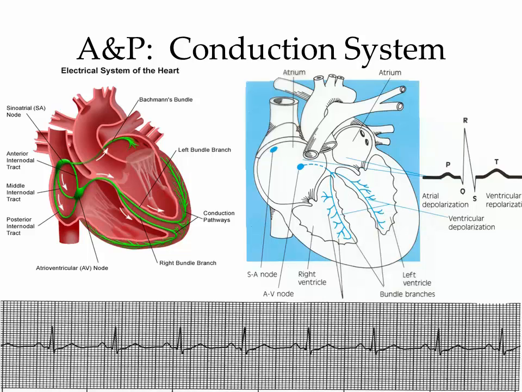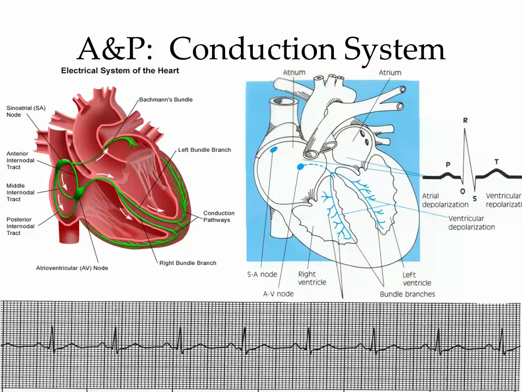Or I guess the bundle branches would be more like it. But you think about the conduction that's occurring. So the P wave means the SA node has fired. The QRS tells us that the AV node has fired and it's moving through the bundle branches. And then the T wave tells us that the bundle branches are recharging. That's a relatively simplified definition, but it gives you a basic understanding.